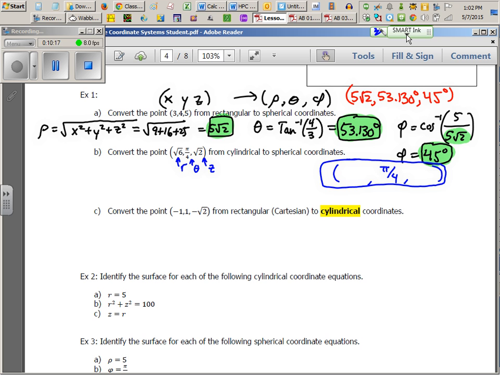Okay, but we do have to find rho. So rho is the square root of r squared plus z squared. In other words, 6 plus 2. So basically 2 root 2 goes in the first blank.